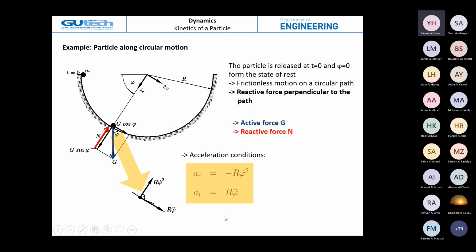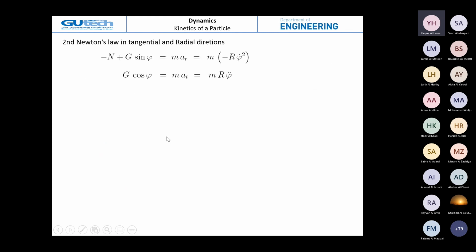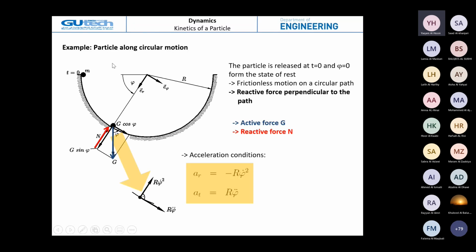When we have the acceleration, then we can come to Newton's second law in tangential or circumferential and radial direction. If we make the equilibrium, we have the forces: minus N plus G sine phi. Here the direction e_r is positive.